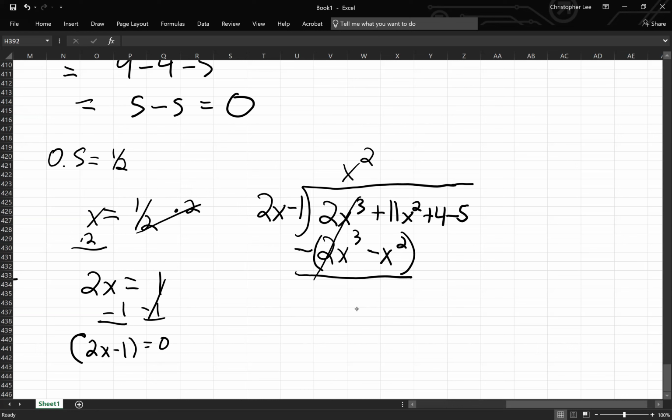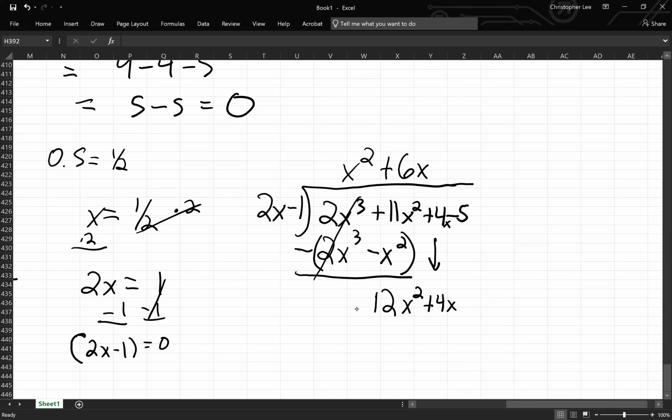That's going to give me a 12x squared. Bring down, oh, I forgot the x right here. Bring down positive 4x, right? Now 2x goes into 12x squared plus 6x times.